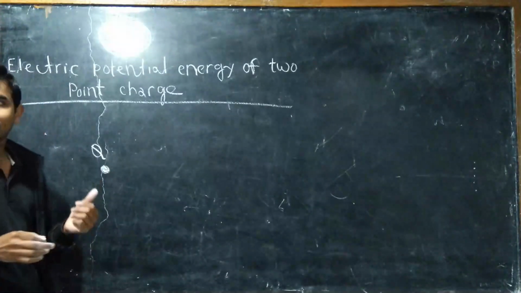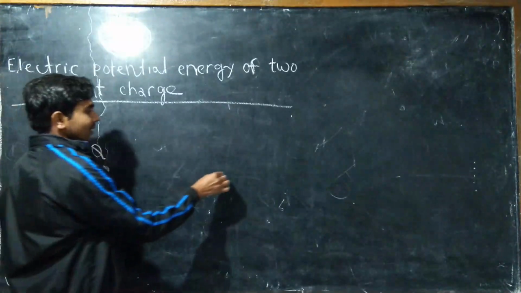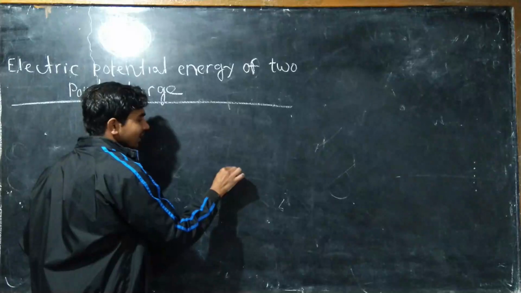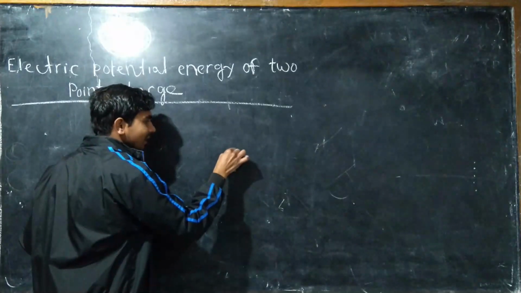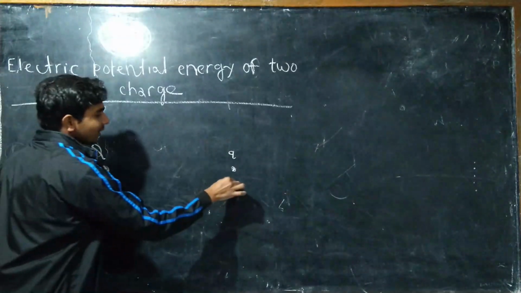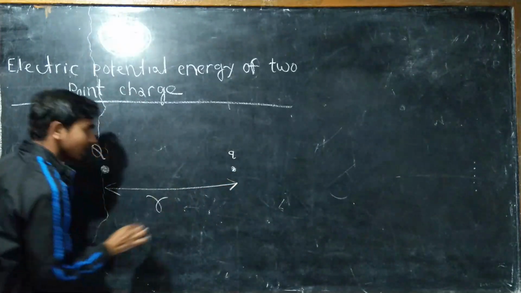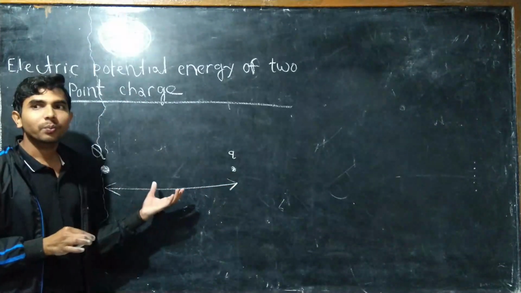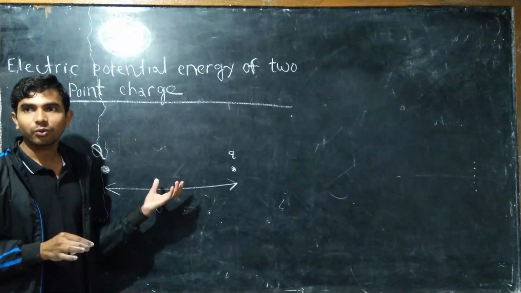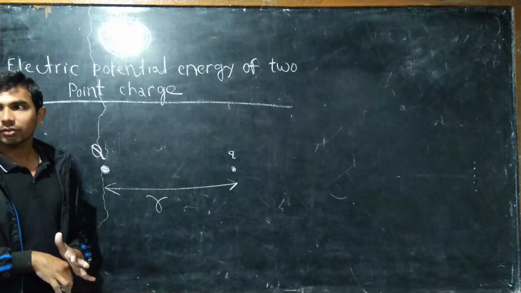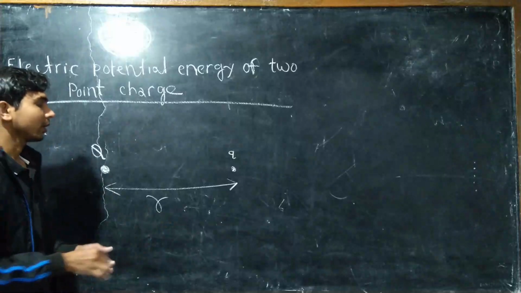This is one charge, and another charge is present here, and this separation is R. We are going to find the potential energy of this two-charge system. Yes or no? Yes. Okay.